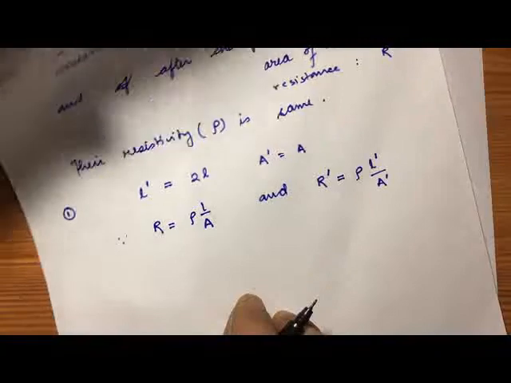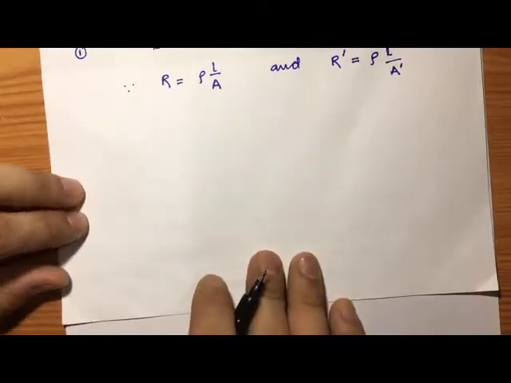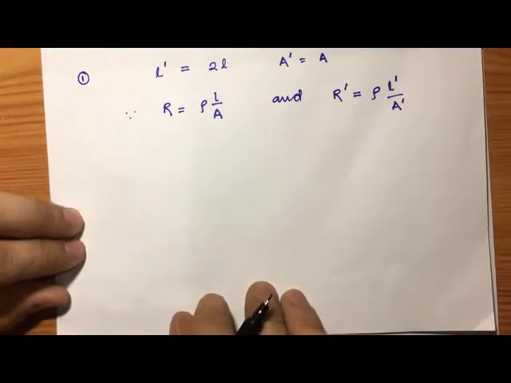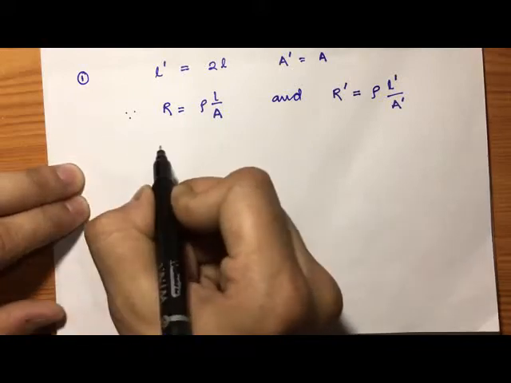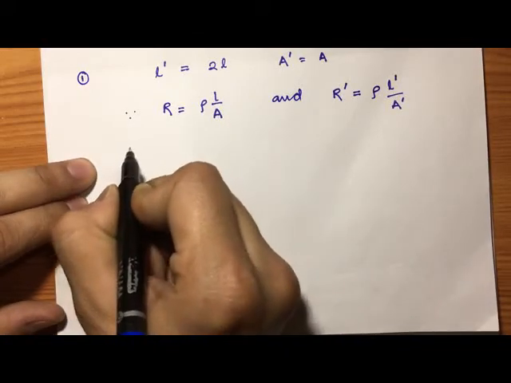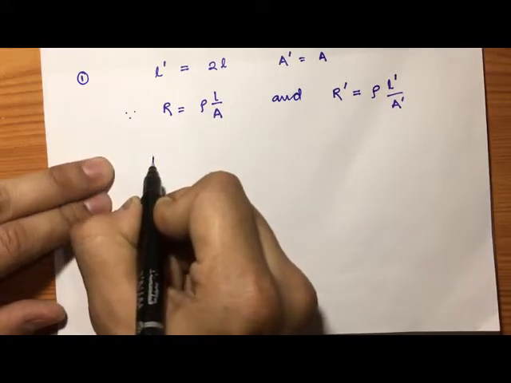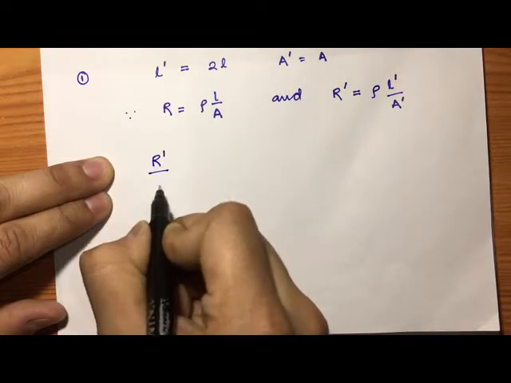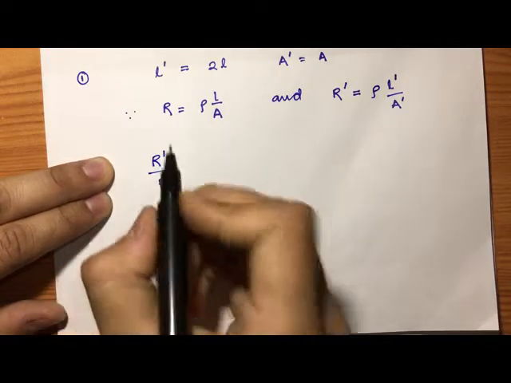Now it means that what we will have here, now we will take ratio. What ratio? R prime divided by R.